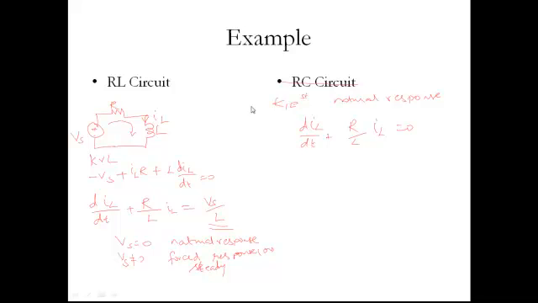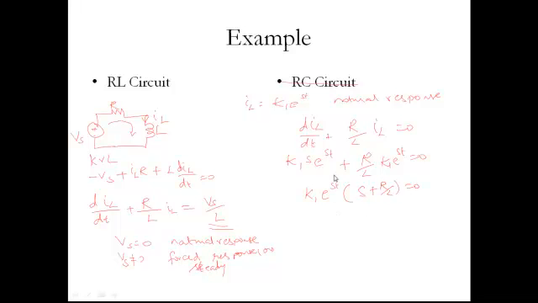Now write IL equal to K1 e power st and substitute it in this equation. You get K1 s e power st plus R by L K1 e power st equal to 0, which is K1 e power st into (s plus R by L) equal to 0.